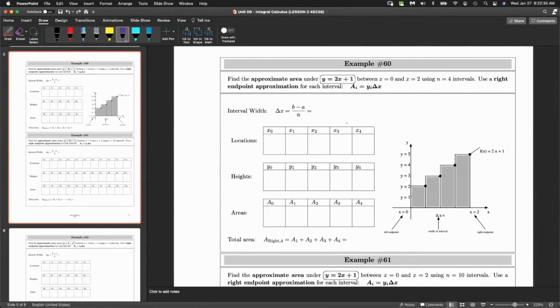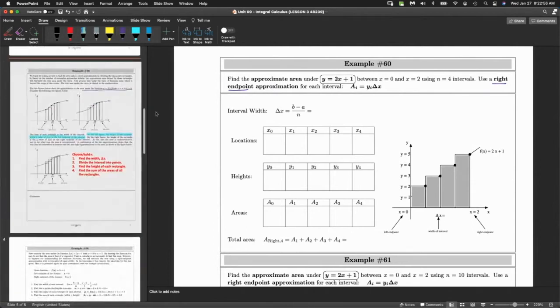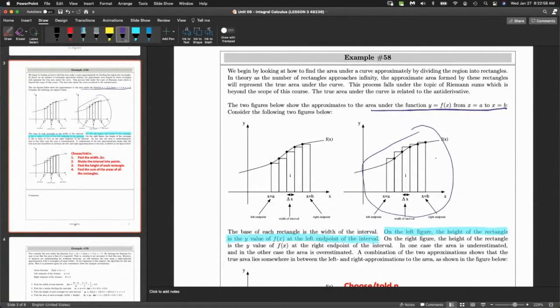Anyway, let's go through this process. Find the approximate area. So the key word is approximate area. And it says here to use a right endpoint. And I'll just tell you flat out, every example that I have here is a right endpoint approximation, meaning that in the original page that I showed you, I'm always going to do it this way.